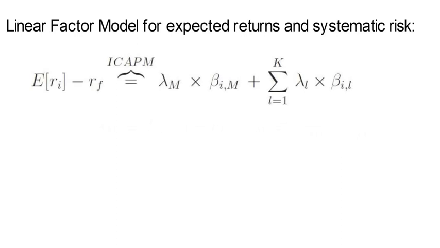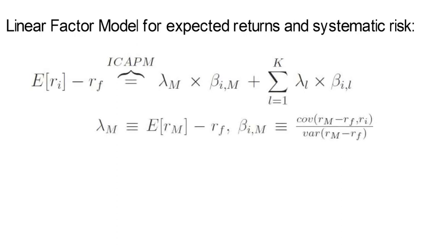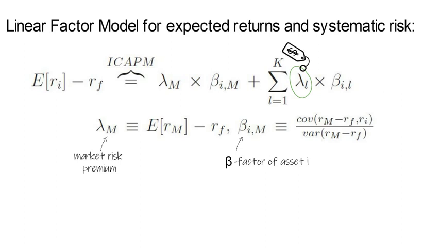lambda_m is the I-CAPM style market risk premium, beta_im is the I-CAPM style beta factor of asset i with regard to the market, and now new lambda_l, for l being 1 to K, is the price of risk for innovations in risk factor l.